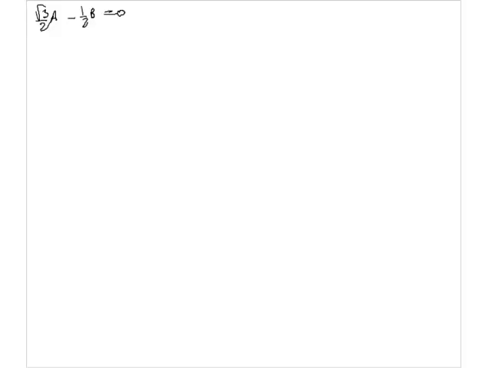I'm going to write the other equation right under it, as I did earlier: 1/2 a plus square root of 3 over 2 b. And the trick here is to align all the terms together. So all the a's are right here, one above the other. All the b's, same thing. And on the second equation, I had a stupid constant, so I'm going to kick it out on the other side of the equation. So everything on the right-hand side is just a bunch of constants. Okay, so that's my system of equations.